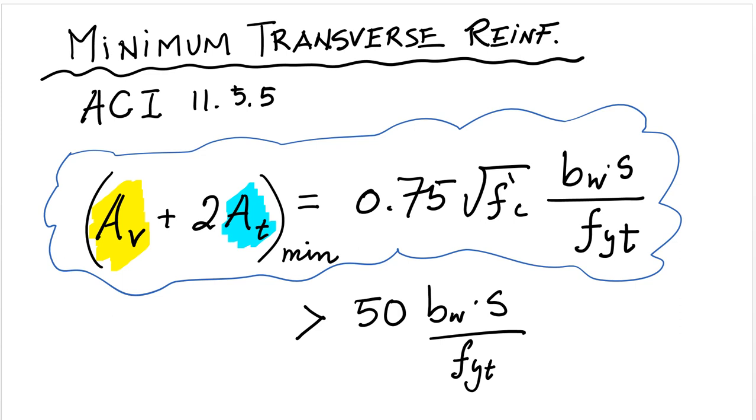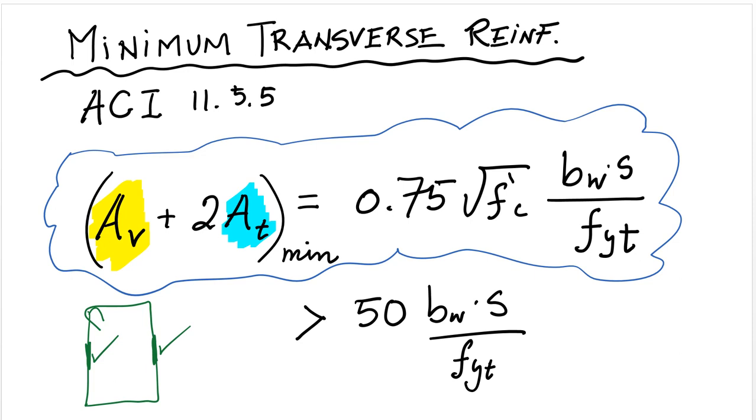Usually our transverse reinforcement is a stirrup like this, and so the reason that there is a factor of 2 is because torsion gives you the value that you need for transverse reinforcement for one leg. You need to multiply that by 2 to get the total, and then the shear reinforcement is already automatically the total. So that's why that formula looks like that.